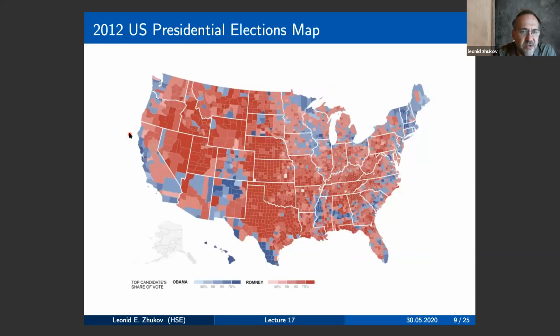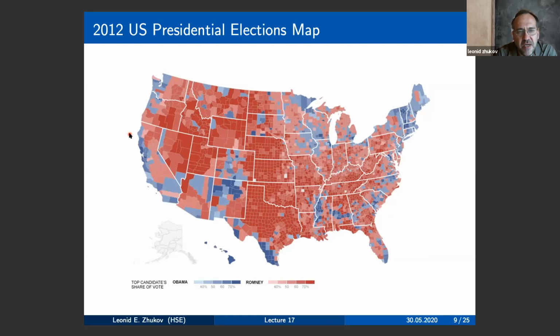Now, another interesting example is back in 2012, when there were US elections, Obama versus Mitt Romney. It's also interesting that there are a lot of geographical similarities here.